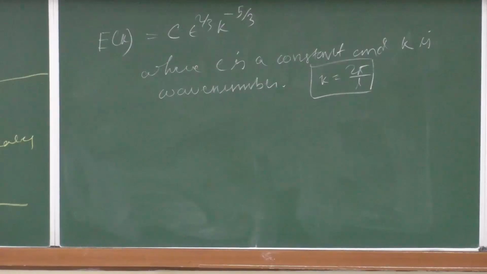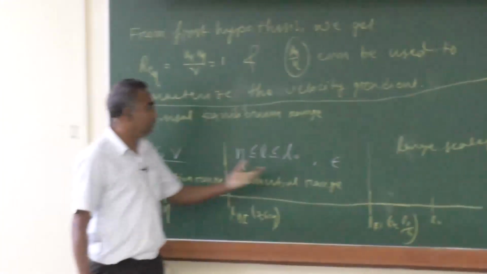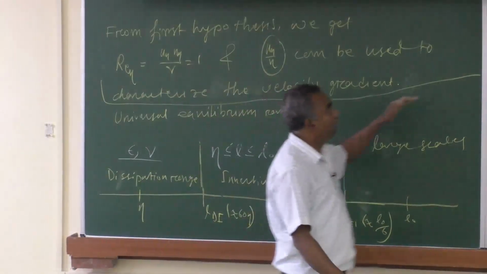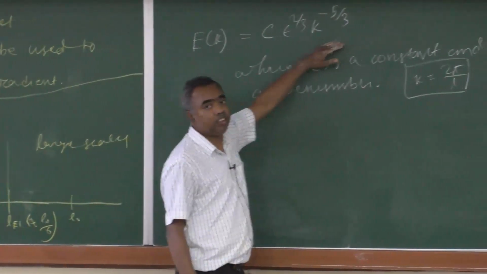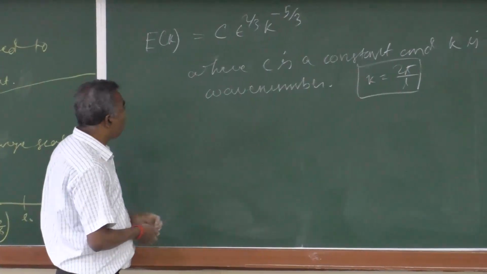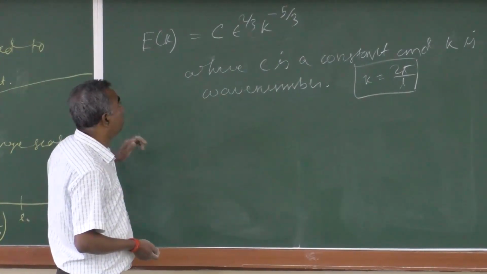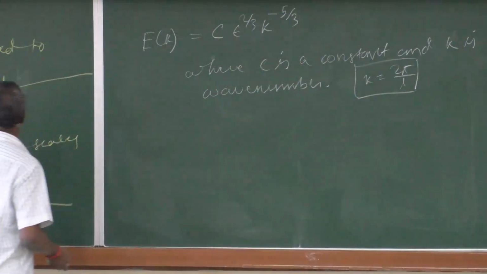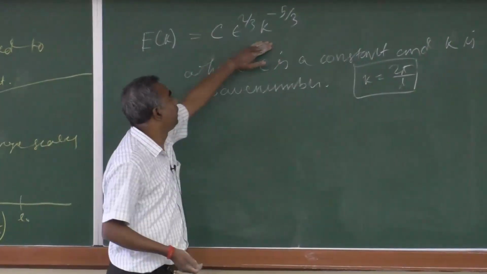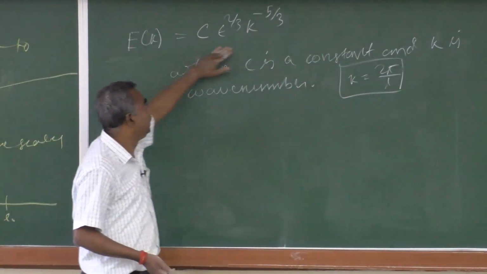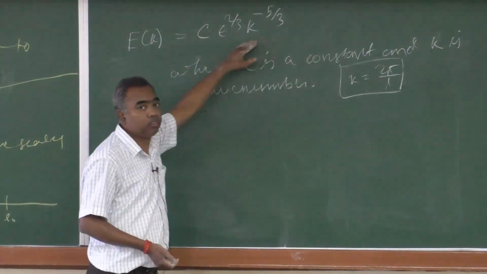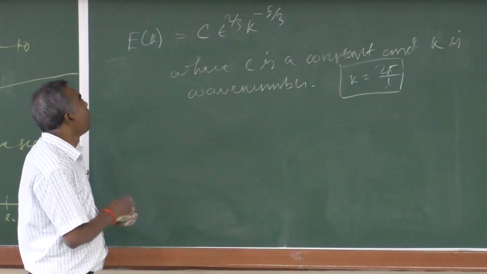So, in this regime this particular relation holds good. Okay. So, in this particular regime, the inertial range, the energy spectra is given by this particular relation. This comes from the Kolmogorov's hypothesis only. Okay.